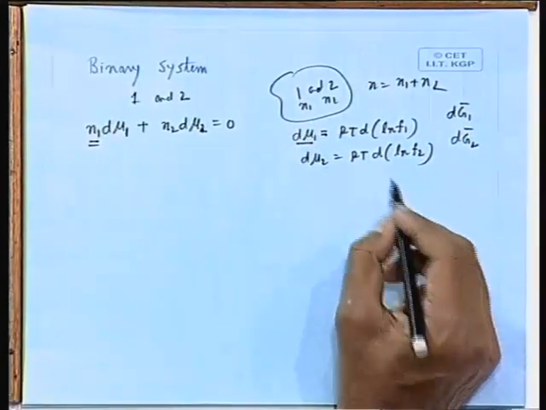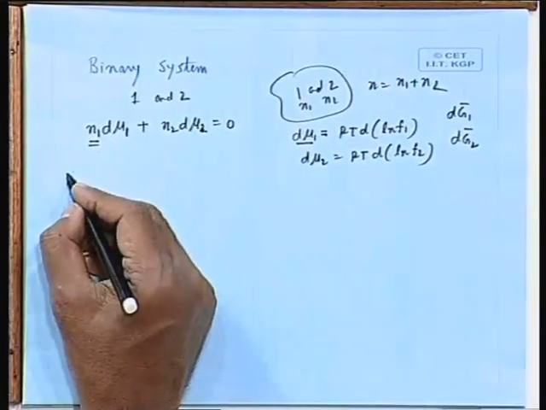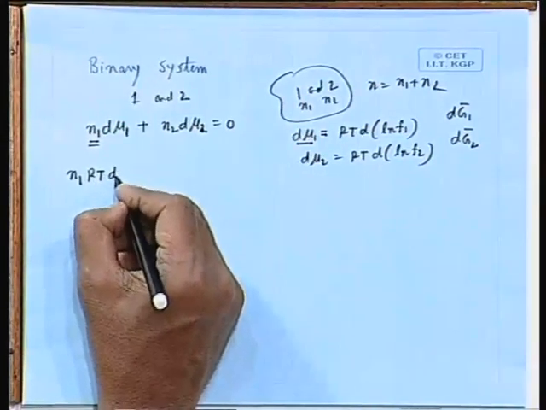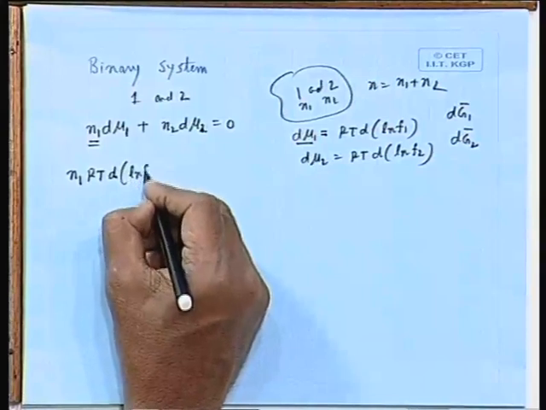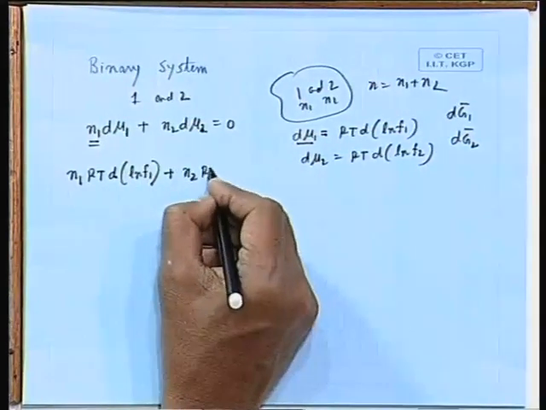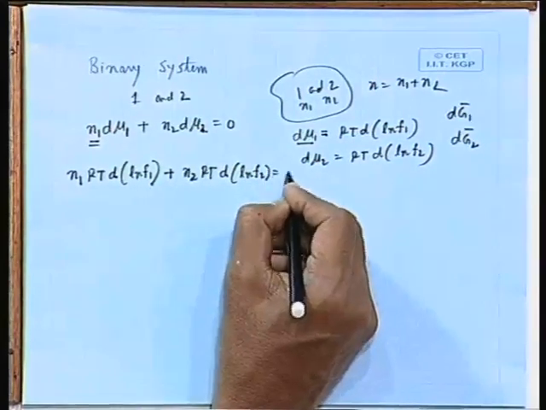If we substitute this, we get n1 RT d ln F1 plus n2 RT d ln F2 is equal to 0.